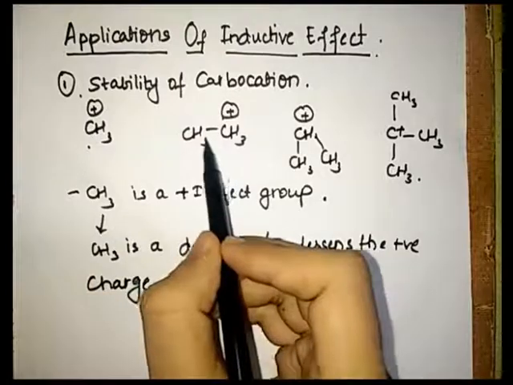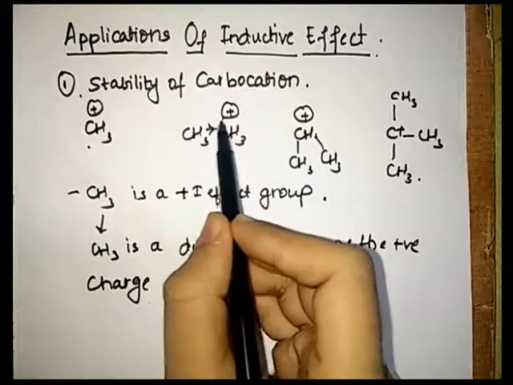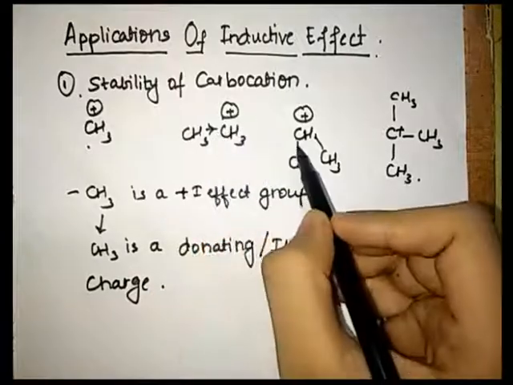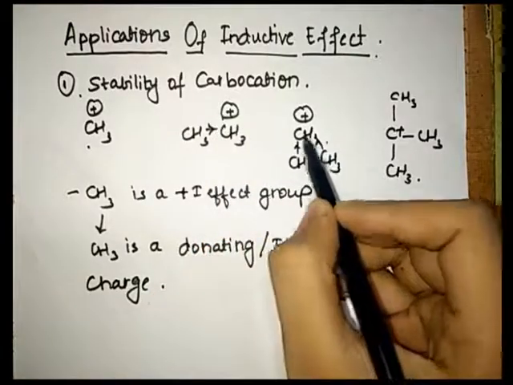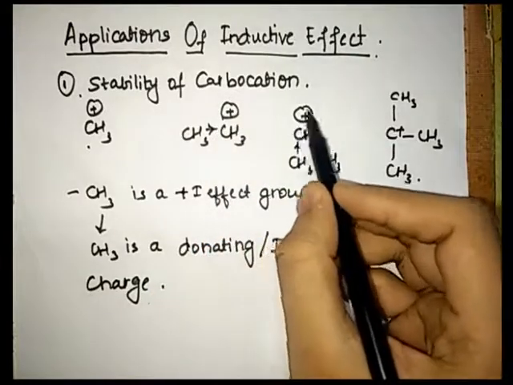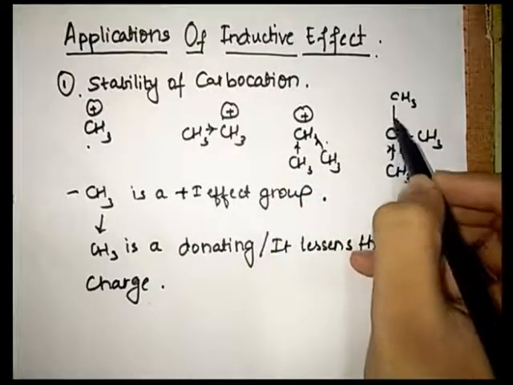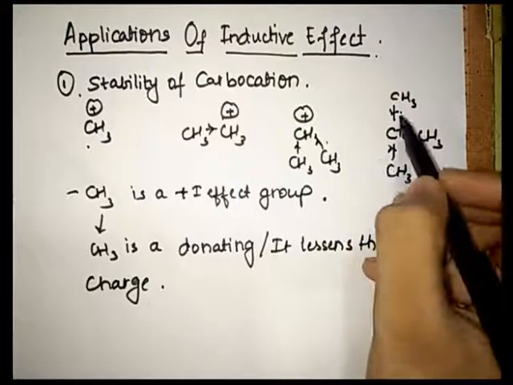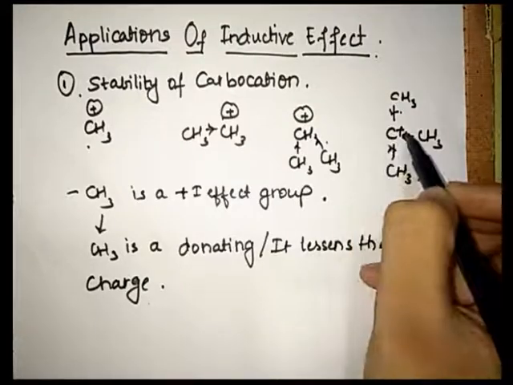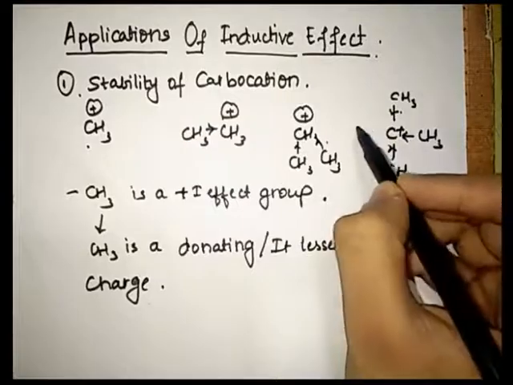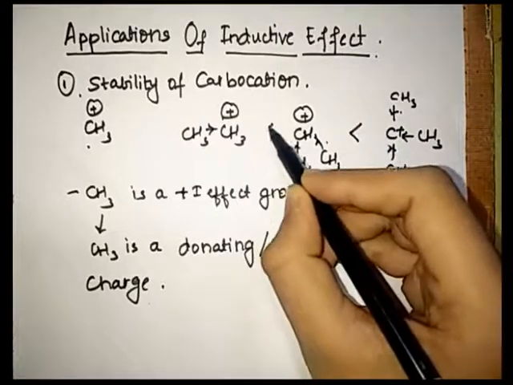So here we have one CH3 which will try to lessen the effect of this positive charge on the carbocation. Here we have two such groups, so it will reduce the positive charge twice, and here we have three CH3 groups, so thrice. So the carbocation with three stabilizing groups present will be the most stable, and the stability will be in this order.